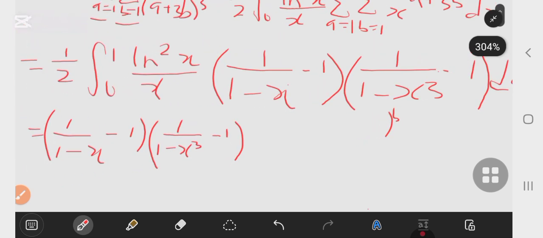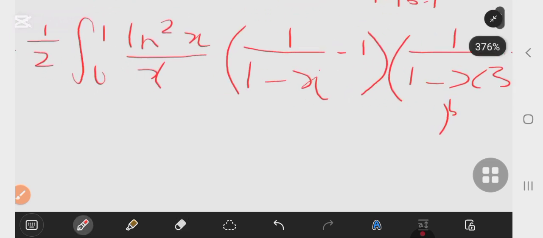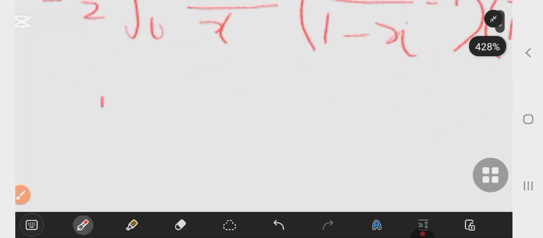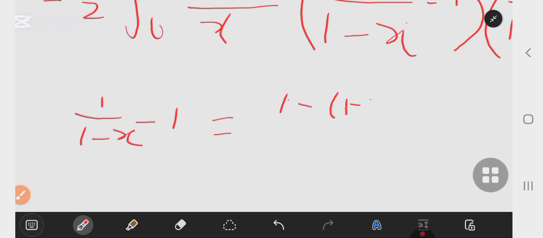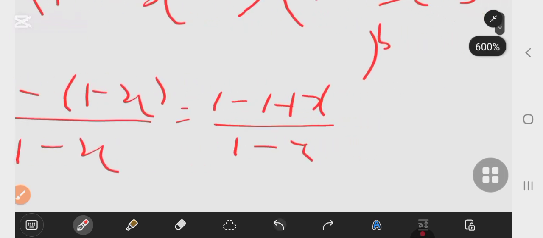So let me erase this part. Okay, now 1 over 1 minus x minus 1 is the same as 1 minus 1 minus x all over 1 minus x, and this is the same as 1 minus 1 plus x, all over 1 minus x, which is the same as x over 1 minus x.